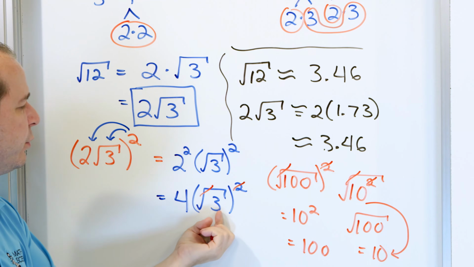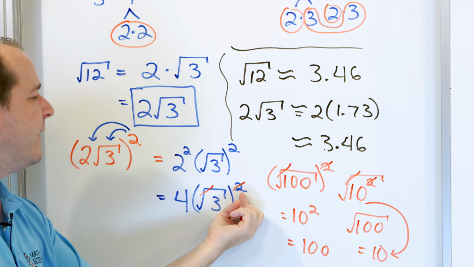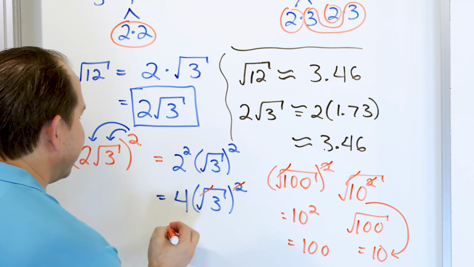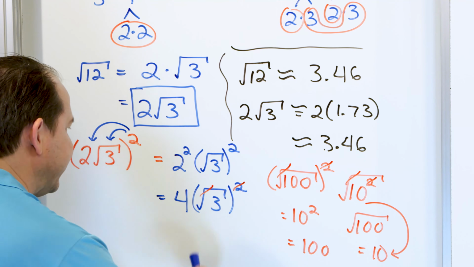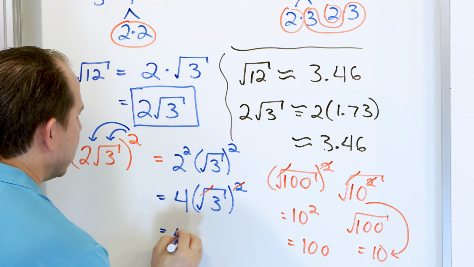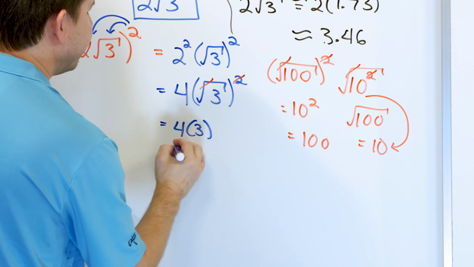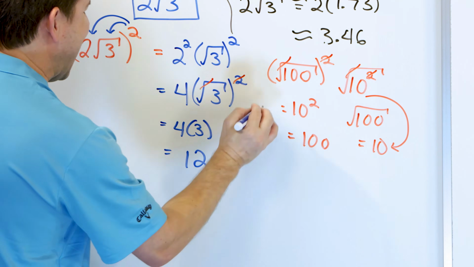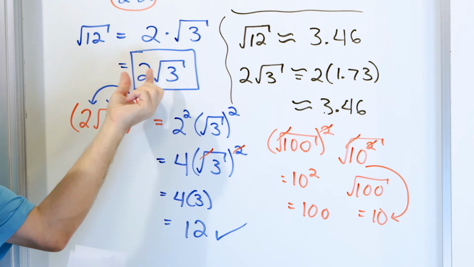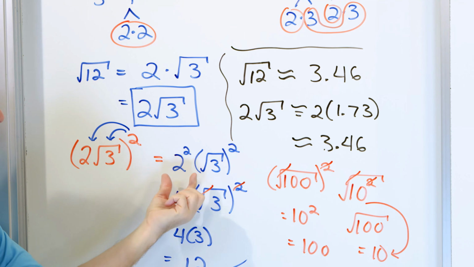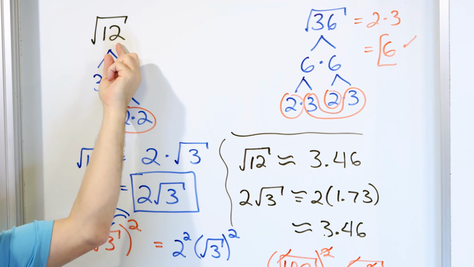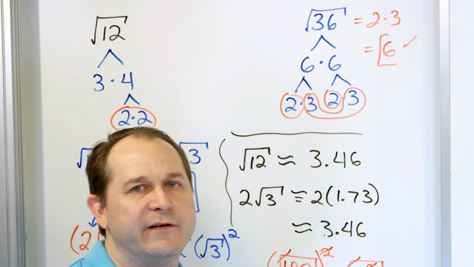Here I've square rooted this thing, but then I turn around and square it. Those are opposite things. So since they cancel like this, you end up with 4 times 3. And what is 4 times 3? 12. And that is the check, because we said whatever answer we get, when we square it, should give us exactly what is underneath, and it does.